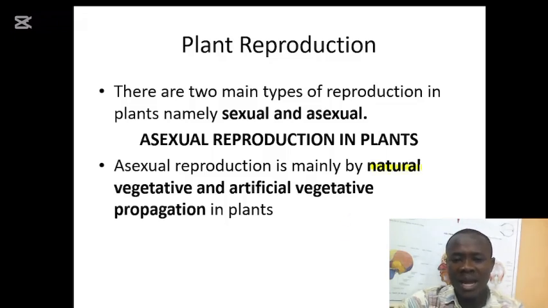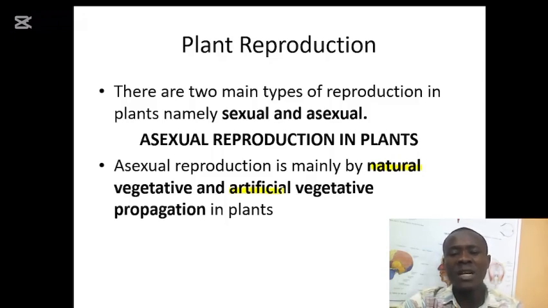It can be by natural vegetative propagation, or it can be by means of artificial vegetative propagation. In natural vegetative propagation, there is no human interference.